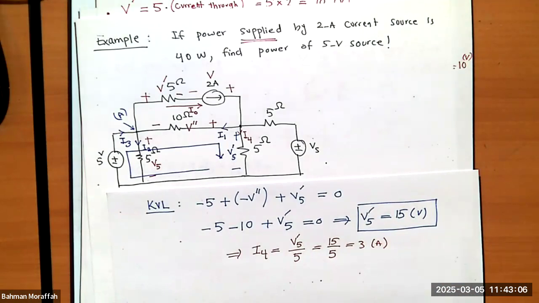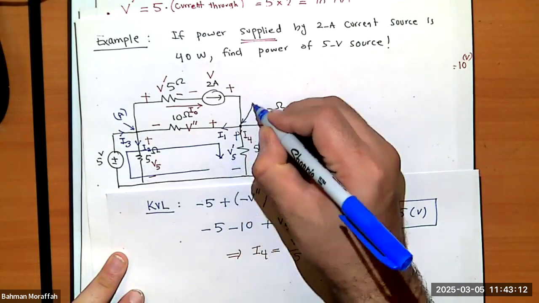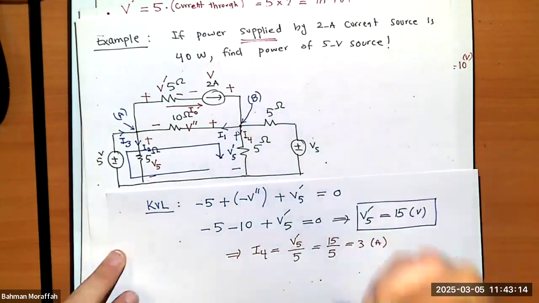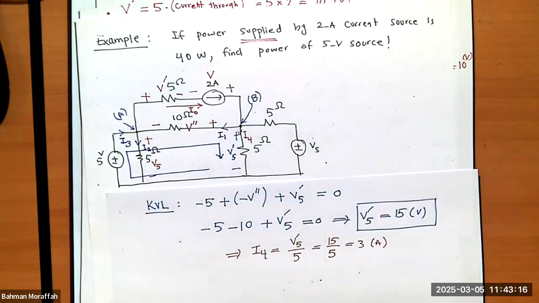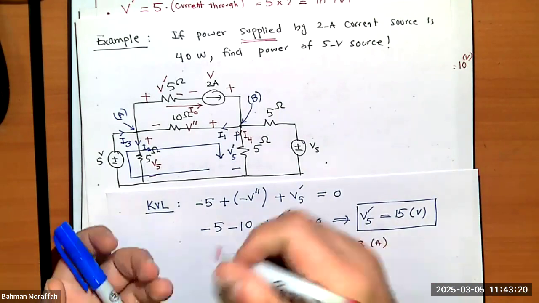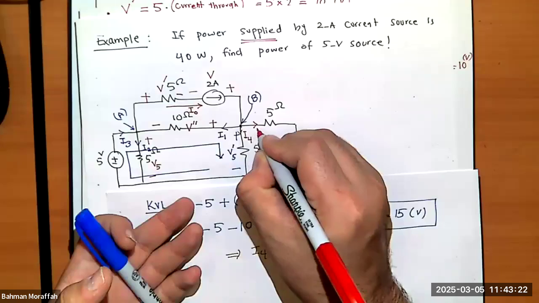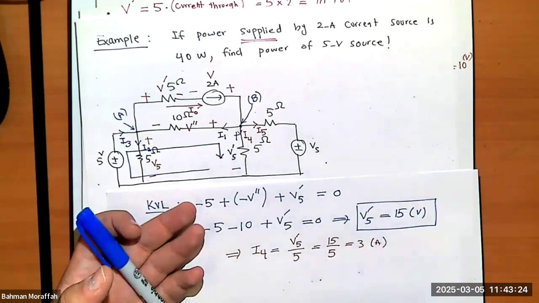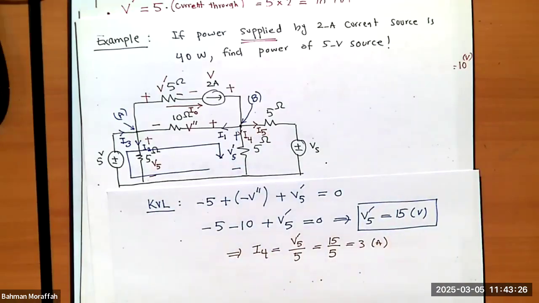Very simple. I'm going to call this node over here node B. Do you agree if I write a KCL at node B, I can find this current, which is I5?